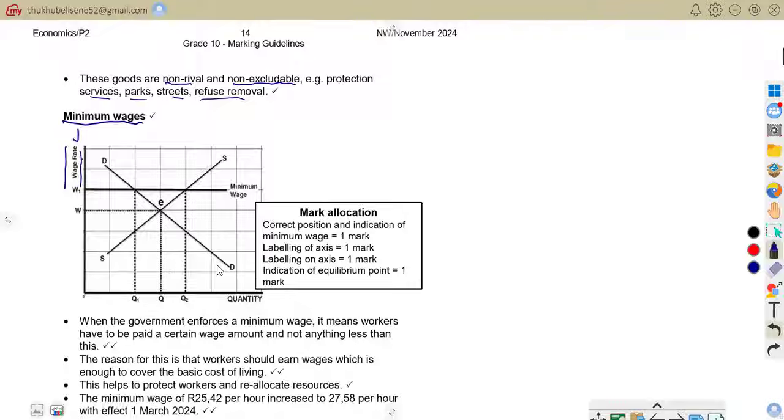And the horizontal axis shows the quantity of labor. At the point E here, it shows what? The point E is the equilibrium point.